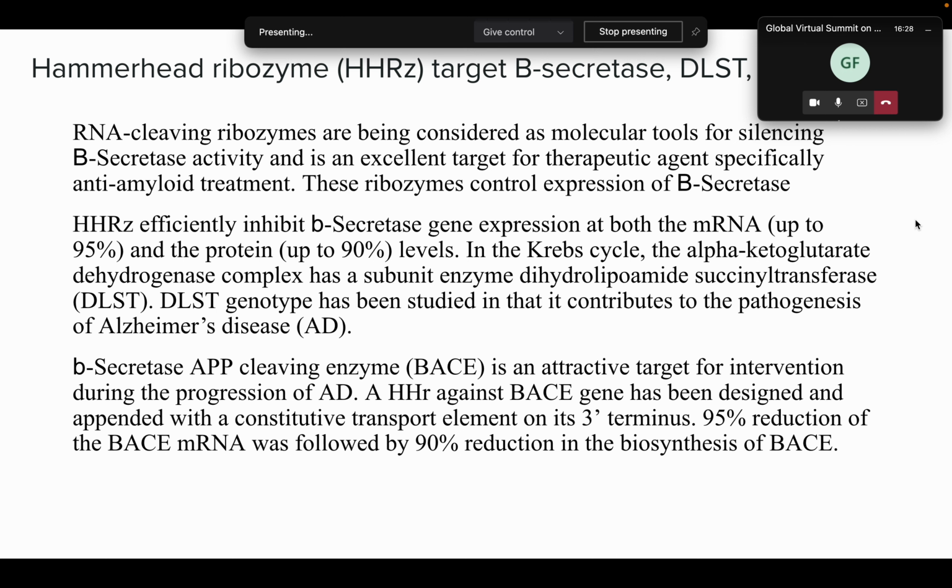And then BACE, or beta secretase APP cleaving enzyme, is an attractive target for intervention during the progression of AD. So a hammerhead ribozyme against the BACE gene has been designed and appended with a constitutive transport element on the 3' terminus, and you see a 95% reduction of BACE mRNA, followed by a 90% reduction of the biosynthesis of BACE.